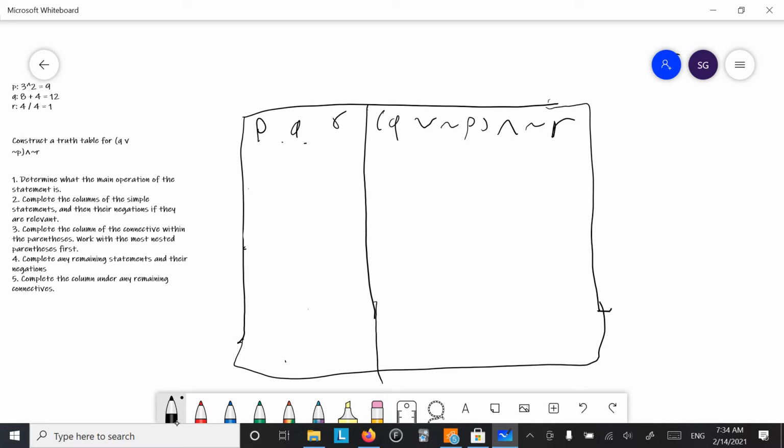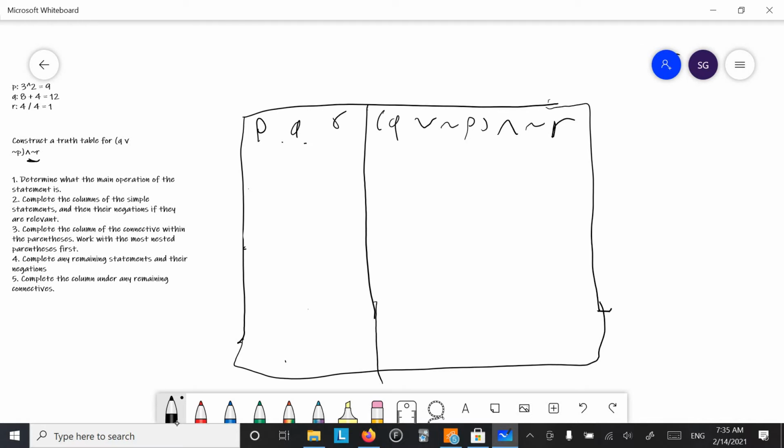Now, moving on, we have to determine what the operation of the statement is. And as we can see, there are 2 operations outside of the parentheses. So which is it? Is it the negation or is it the conjunction? And we know it's the conjunction because negation comes earlier in the order: complete the columns of the simple statements and then give their negations if they are relevant.